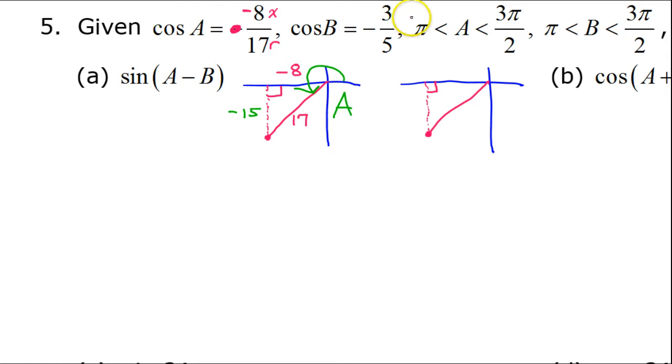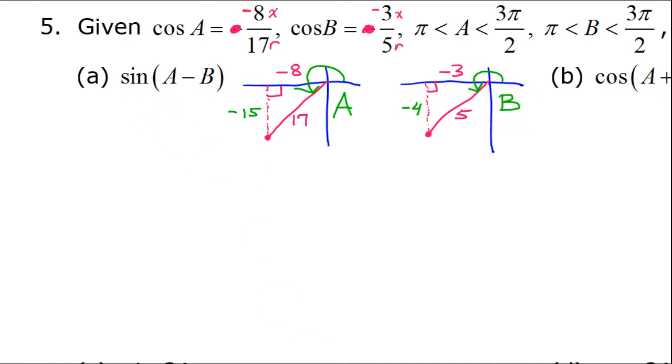Well, that's the same thing we were given last time. So again, cosine is x over r. Again, I will look at this as being a negative 3. So I've got my negative 3 here, and my 5 is here. If I were to do the Pythagorean theorem, I would come up with 4. And again, this must be a negative 4. Do not just put positive 4. So this is my diagram for angle B.